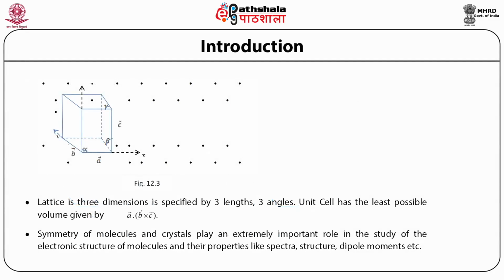A lattice in 3 dimensions is obviously specified by 3 lengths and 3 angles as shown in the slide. In this case, the unit cell is defined as the cell with the least possible volume, which is given by the scalar triple product A dot B cross C, where A, B and C are the 3 length parameters which specify the lattice, and the angles between them are specified by alpha, beta and gamma.